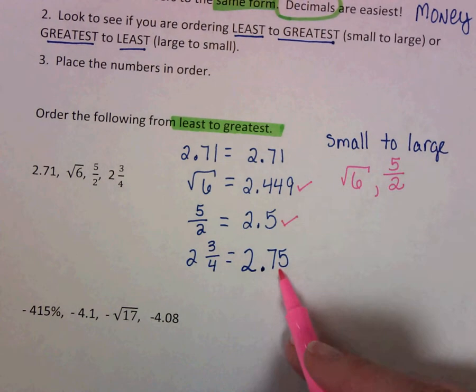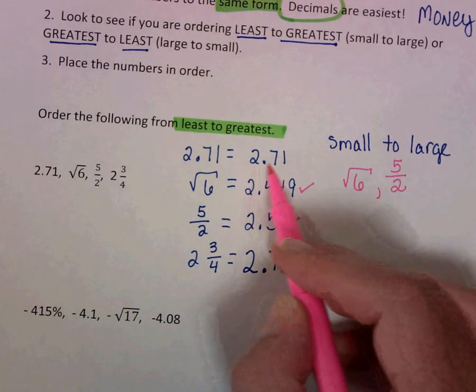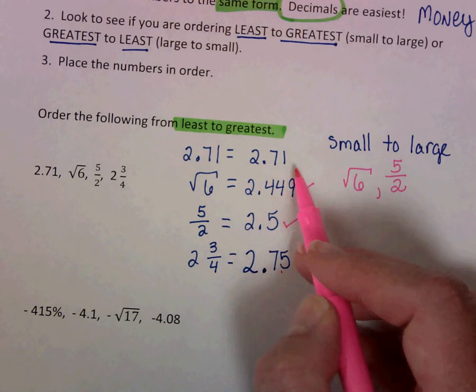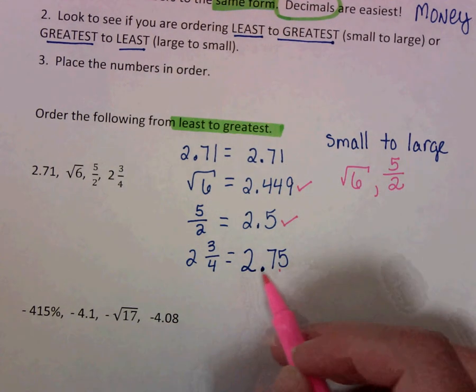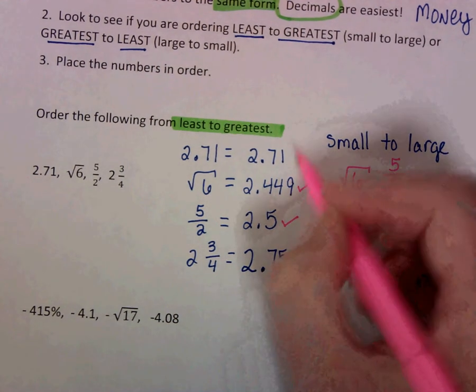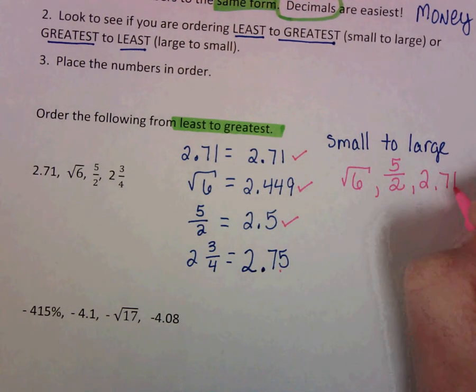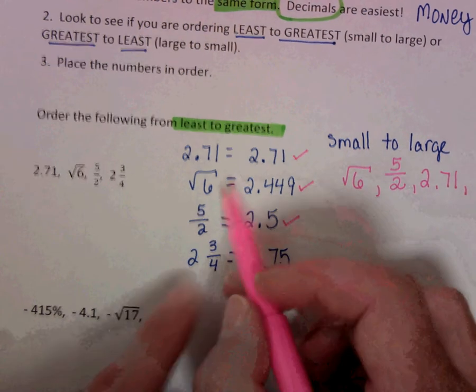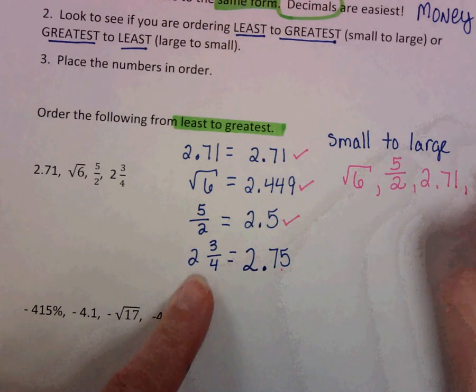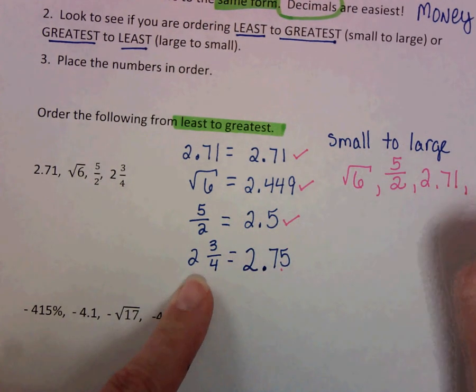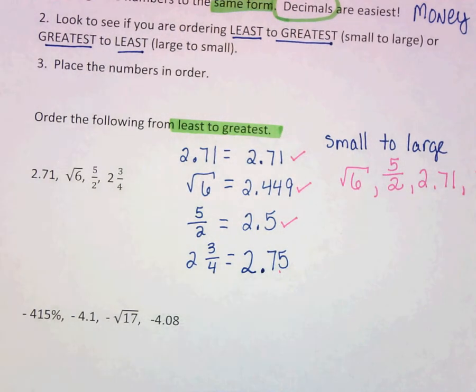And then, which is less, 2.71 or 2.75? I hope you said this one. So 2.71, and then 2 3/4. Now we've got them in order from least to greatest.